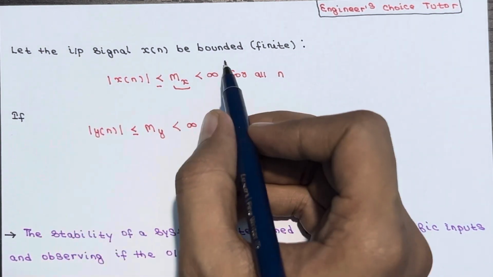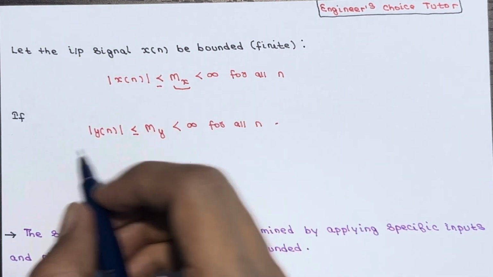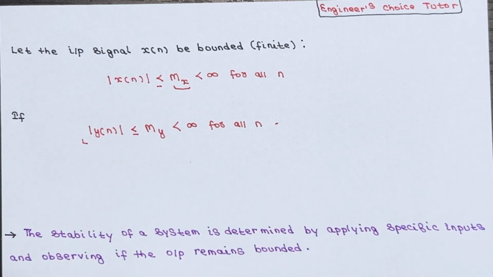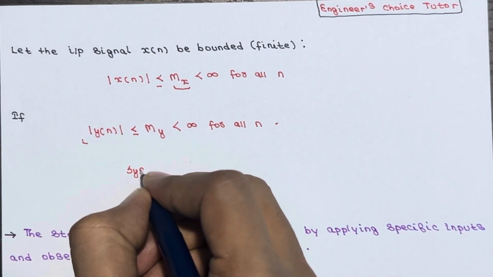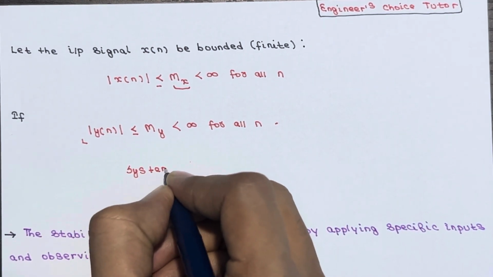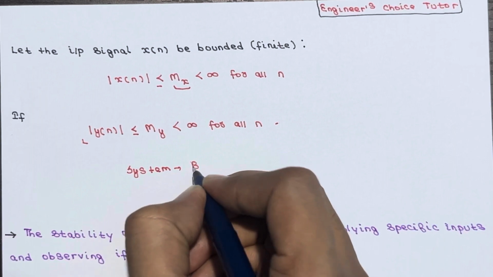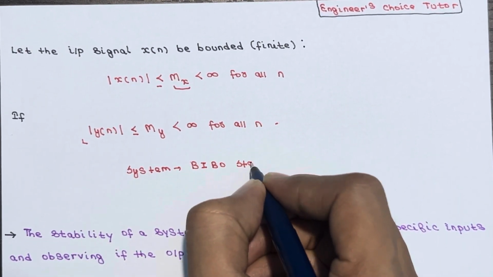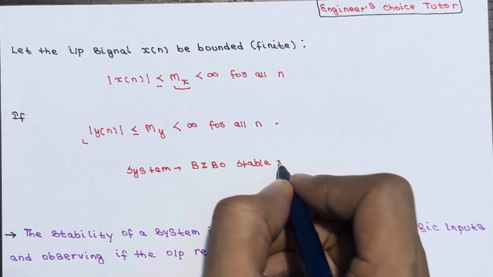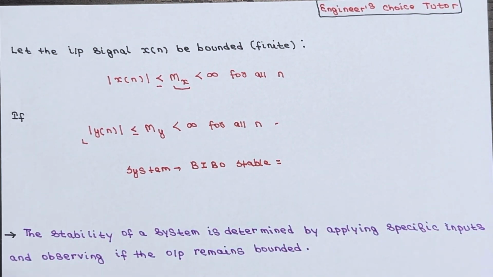So if you apply an input signal which is bounded and you get the output also bounded, it means the system is BIBO stable. Hope it is clear to you.